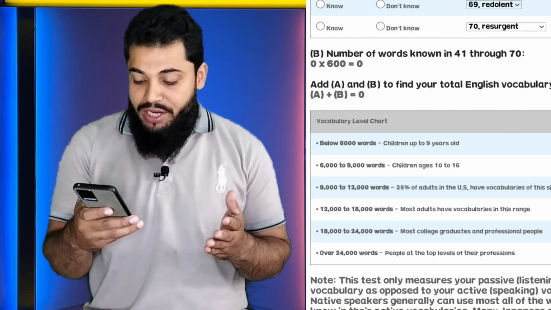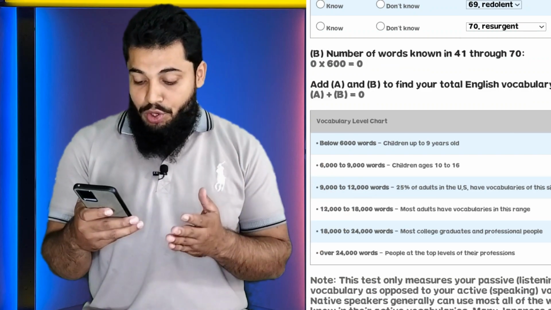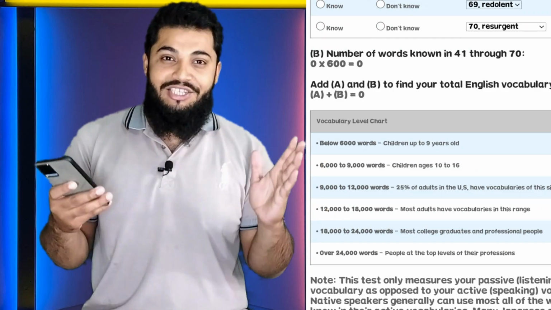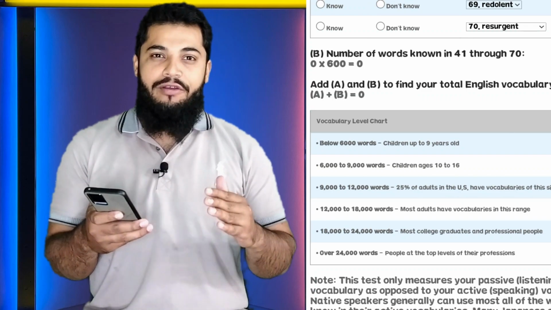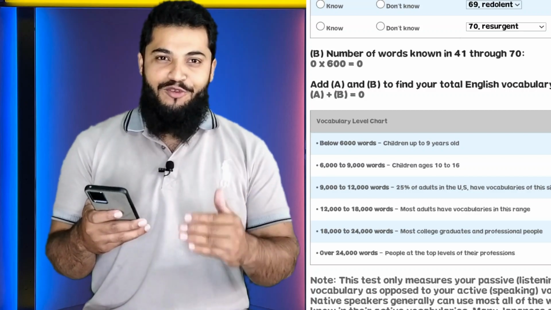Most college graduates and professional people have 18,000 to 24,000 words, and people at the top level of their professions, the masters of the English language, have approximately 24,000 plus vocabulary words.